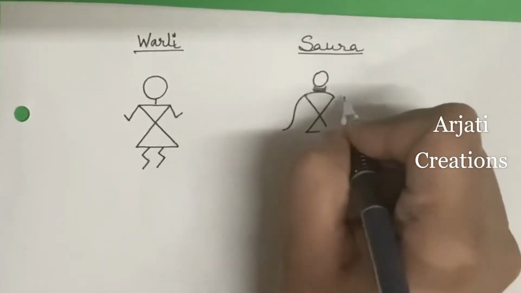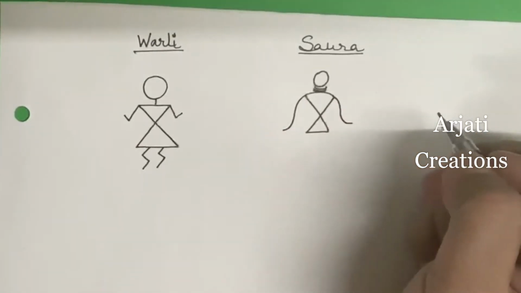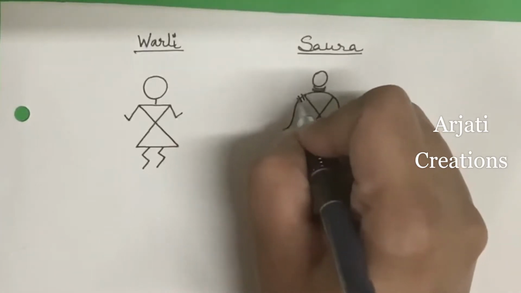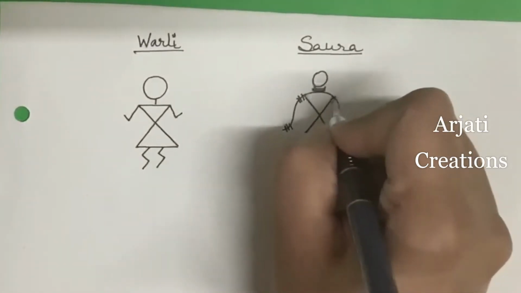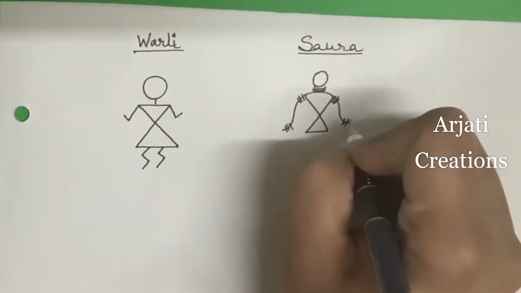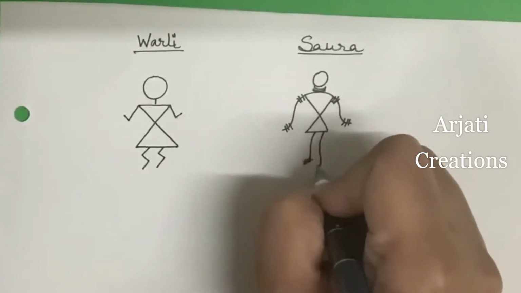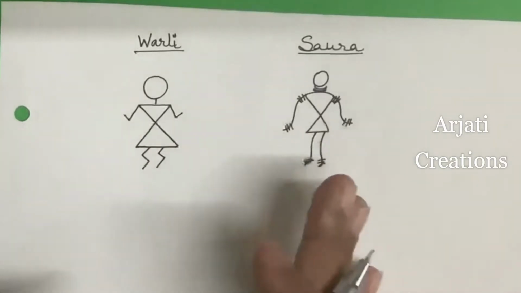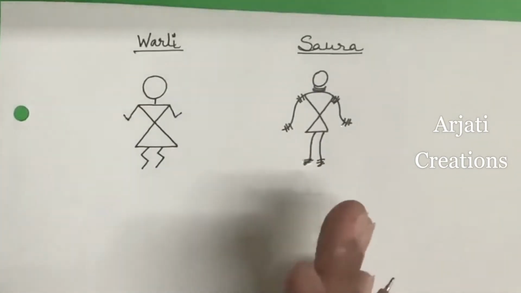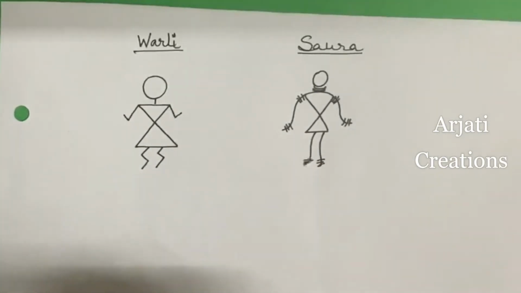The hands are flexible, so they are not the straight lines that we see in Warli art. And the feet are also generally angular or straight lines. So the angular component in Sora art is lesser than that in Warli art.